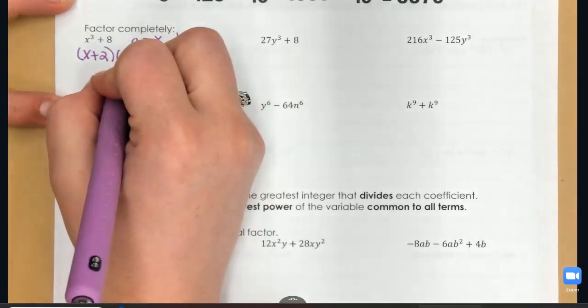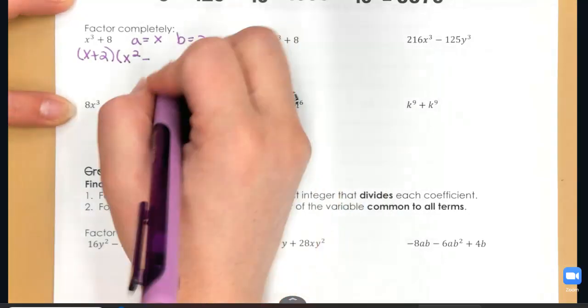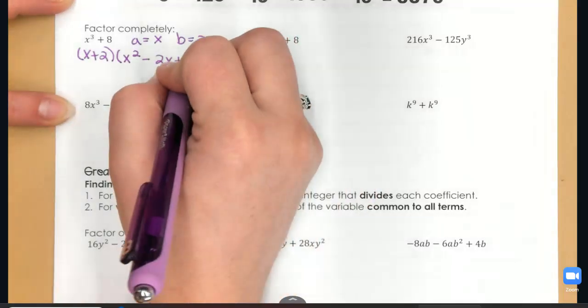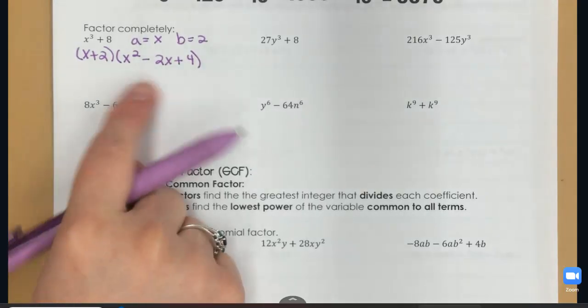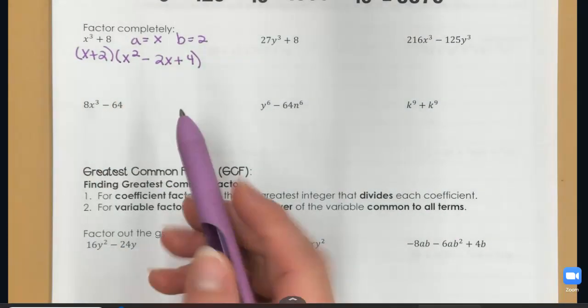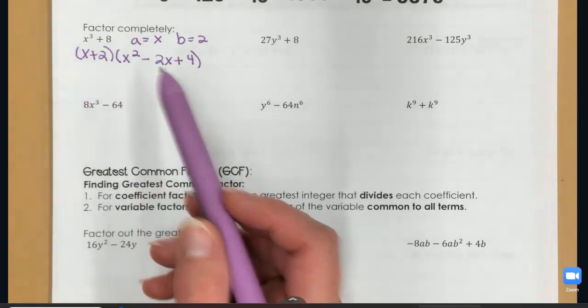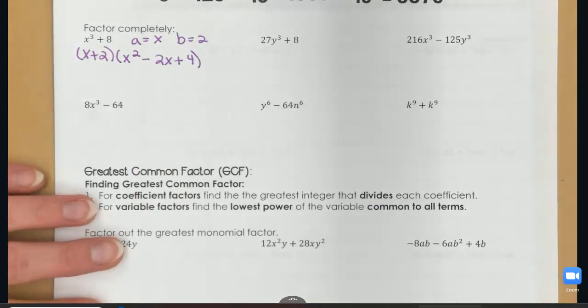If I square x, that gives me x squared, minus a times b, x times 2 is 2x, plus b squared. If I square 2, I get 4. And just like all of our other factoring methods, you could multiply this back out to make sure that you factored correctly. Just note that for this kind, where you have a binomial and a trinomial, you'll need to do multiplication 6 times and combine like terms.